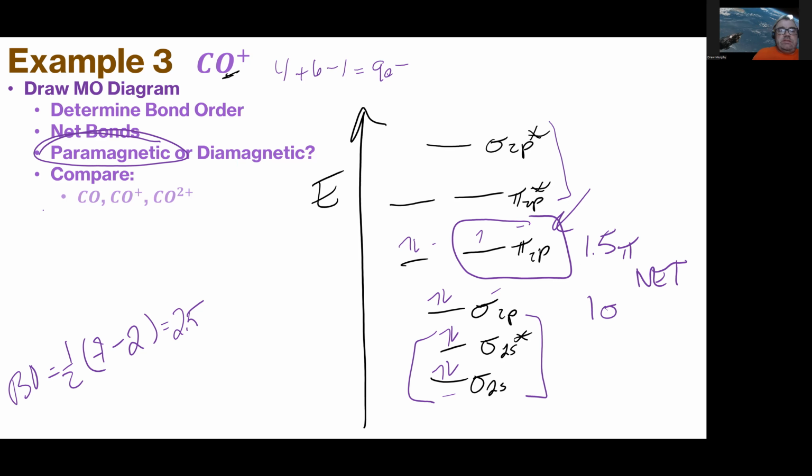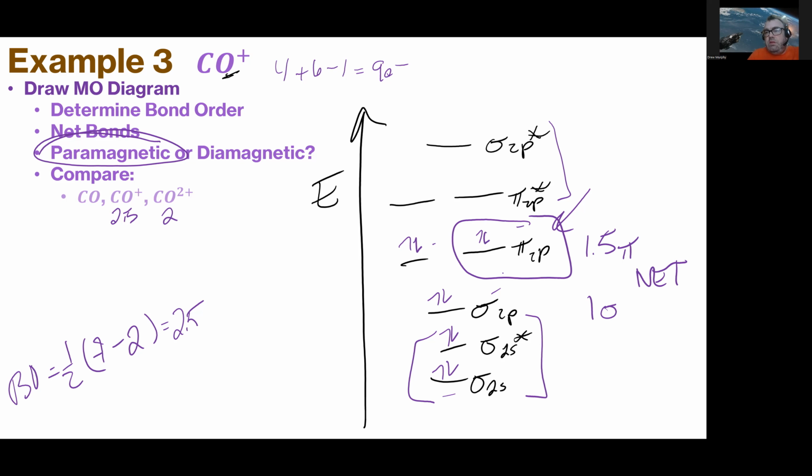We did CO plus, so this is 2.5. If we do CO 2 plus, we're going to lose another electron, so that will be this guy. And we lost a bonding, so that means our bond order goes down. If we lose a bonding and bond order goes down, this is 2. If we put this back, now we're at CO plus, and we need CO regular.